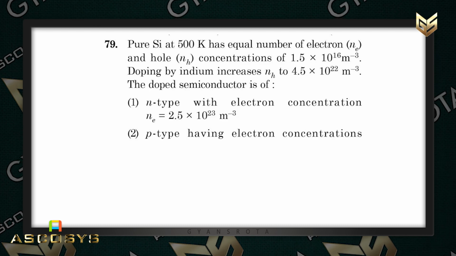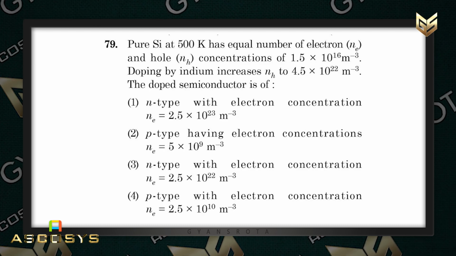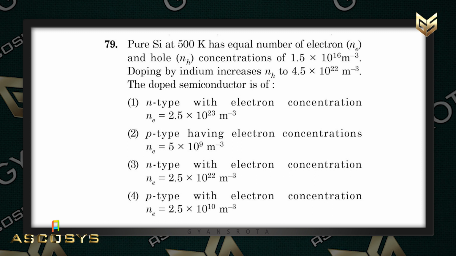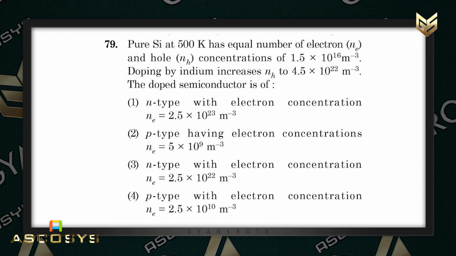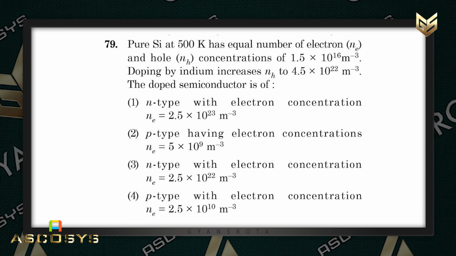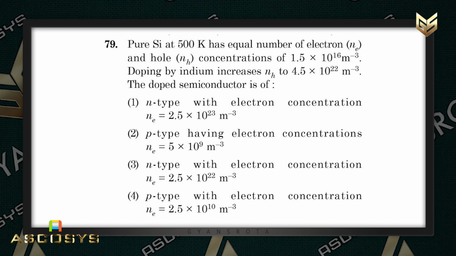A pure semiconductor at 500 Kelvin has equal electron and hole concentration of 1.5 into 10 to the power 16 per meter cube. Doping by indium increases Nh to 4.5 into 10 to the power 22 per meter cube.